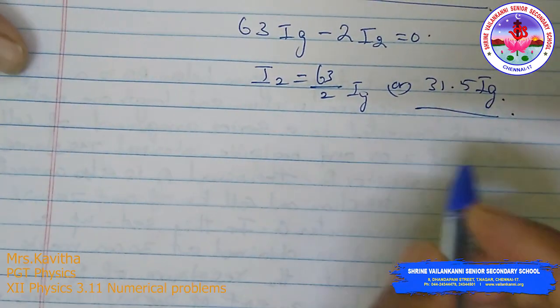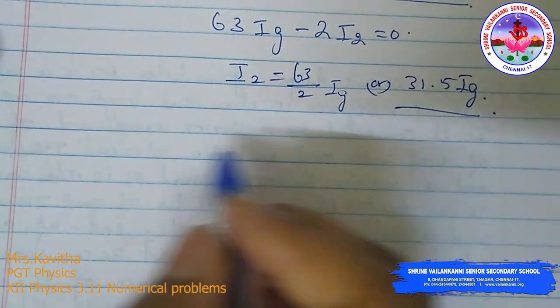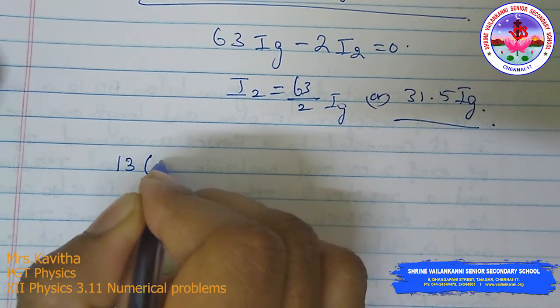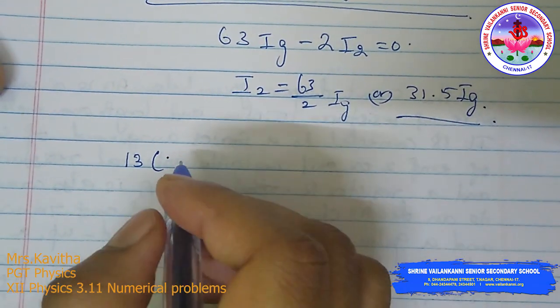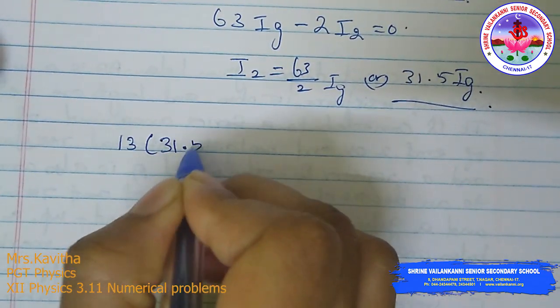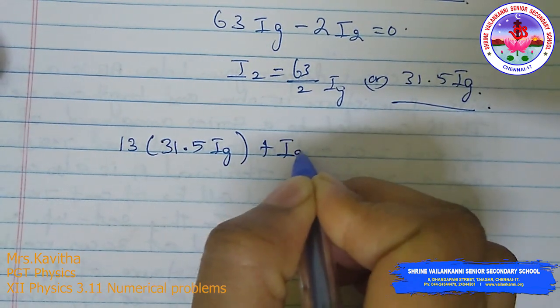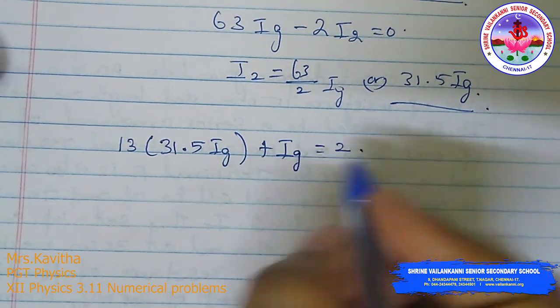Now substituting the value of I2 in equation 3, 13 I2 plus Ig equal to 2, we get 31.5 Ig plus Ig equal to 2.